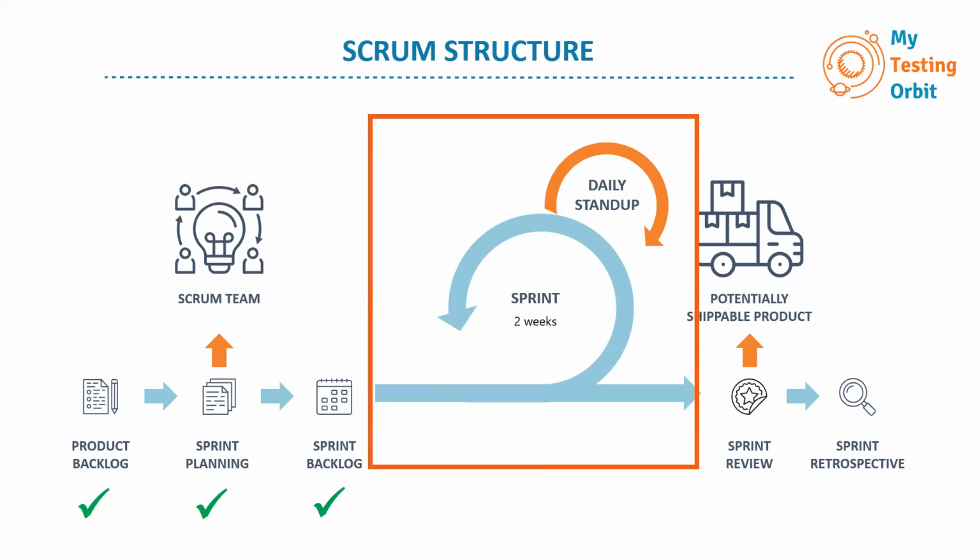It should be very brief. Everyone gets their turn to update on their tasks, and it shouldn't be more than 15 minutes. For a small team, 10 minutes is more than enough, but for a bigger team, 15 minutes should be the max. So this is where we are right now.